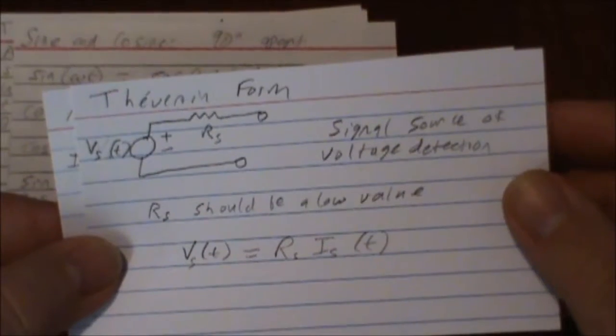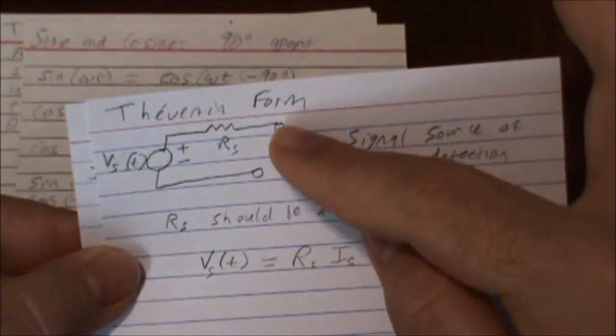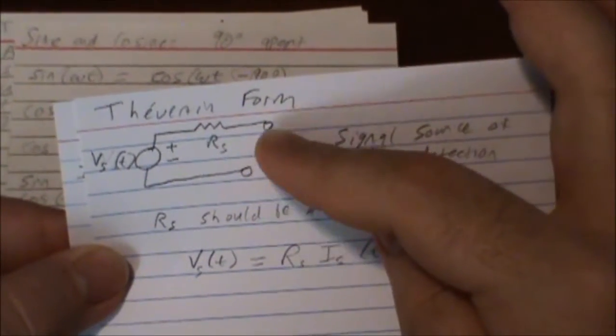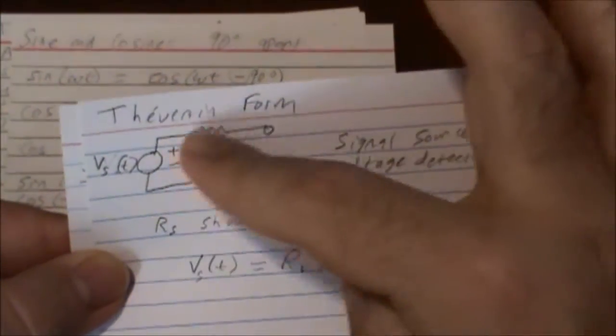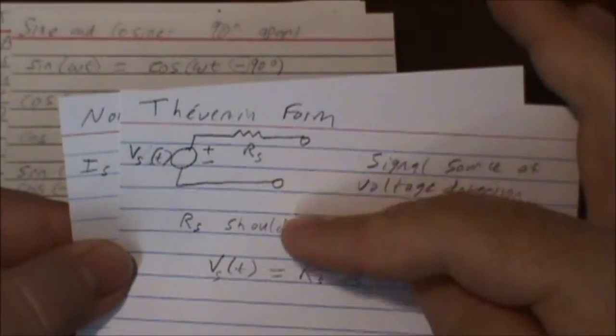So, with this being R sub 1, if this is small, then that means most of the voltage is going to go across the load, and the current will be the same in the loop. But most of your voltage will be across your larger load.